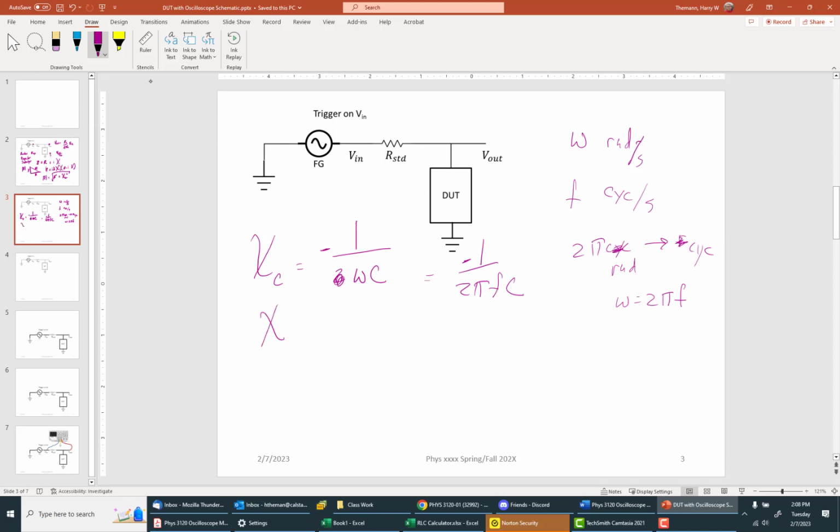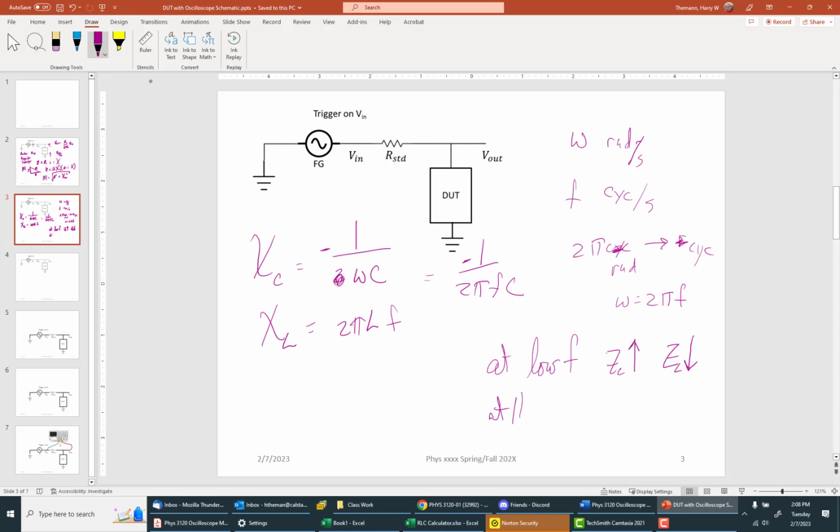And then the reactance of an inductor is 2 pi L F. So notice then that at low F, Z of the capacitor is large, and Z of an inductor is low.